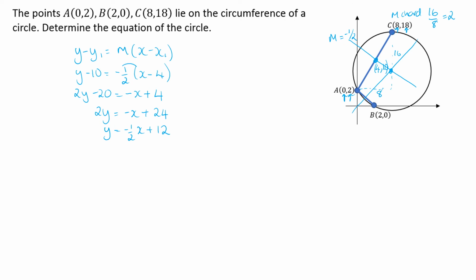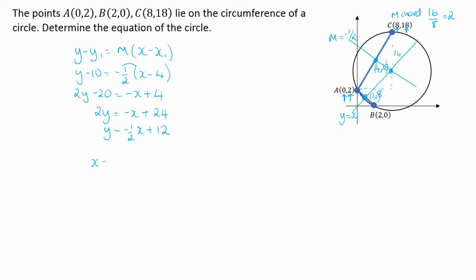Okay, let's get the equation of the other perpendicular bisector, which is going to be a little bit easier, I think, between 0,2 and 2,0. The midpoint there is going to be 1,1, and I can see that's going to have gradient 1. This is the line y equals x. So all I need to do is equate the two perpendicular bisectors.